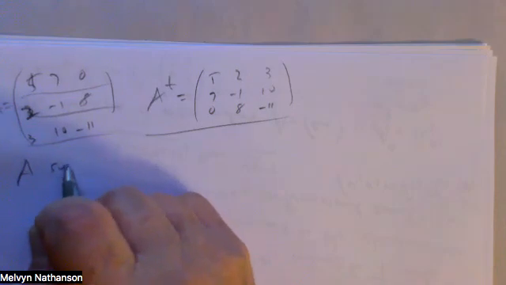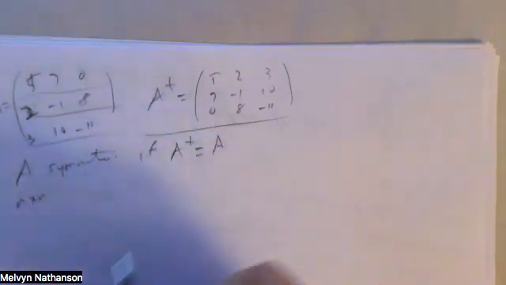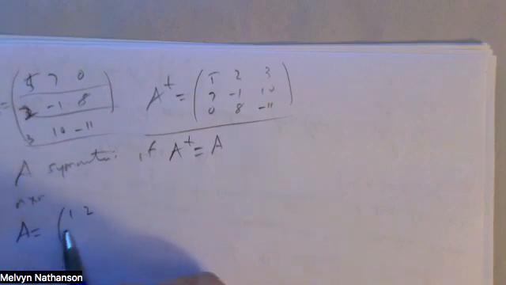And A is symmetric. An n by n matrix is symmetric if A transpose equals A. So, for example, let's take the matrix A to be 1, 2, 2, 3.